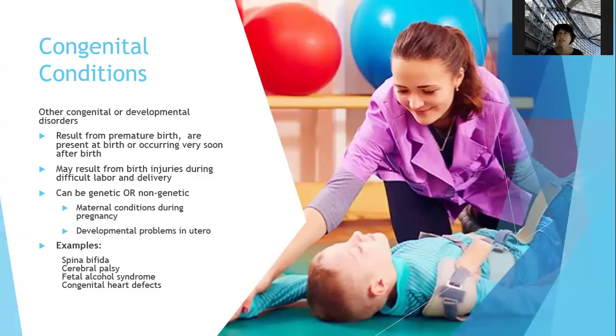So spina bifida is an example, cerebral palsy, fetal alcohol syndrome, so that's being exposed to poisons, chemicals, or congenital heart defects are sometimes caused because something happened during a critical part of development. So there are different critical stages in development, and in neuro, we'll talk more about stages of neurological development. But if something happens during that critical stage, then something changes in the development.